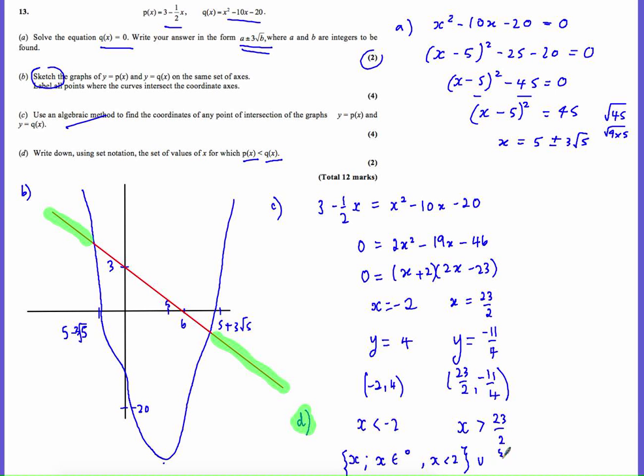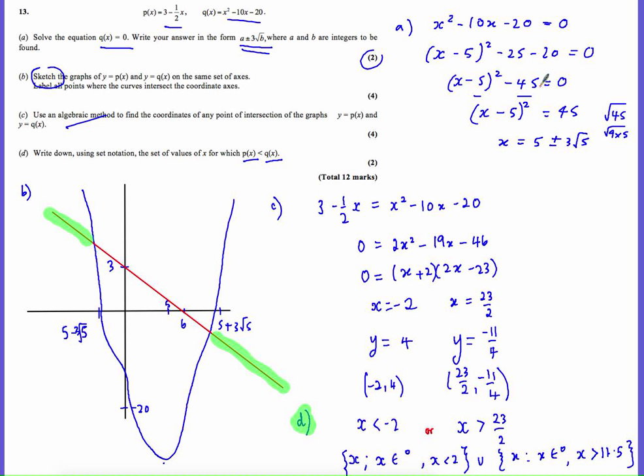Or, and include x again, set of all real numbers, has to be bigger than 11.5. Okay, so we haven't spent a lot of time covering this set notation. We will go over it again, but it hasn't really been top of the priority list. If you got these two bits out, just put that or that, you'd have got yourself some marks.